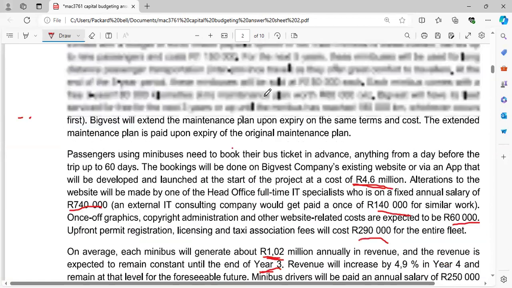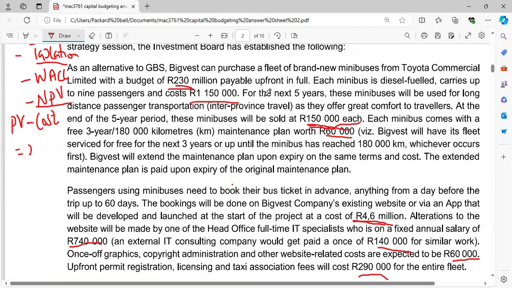On the maintenance plan, they say each minibus comes with a free 3-year, 180 kilometers maintenance plan worth 60,000. Big Face will have its fleet serviced for free for the next 3 years or until the minibus has reached 180, whichever occurs first.